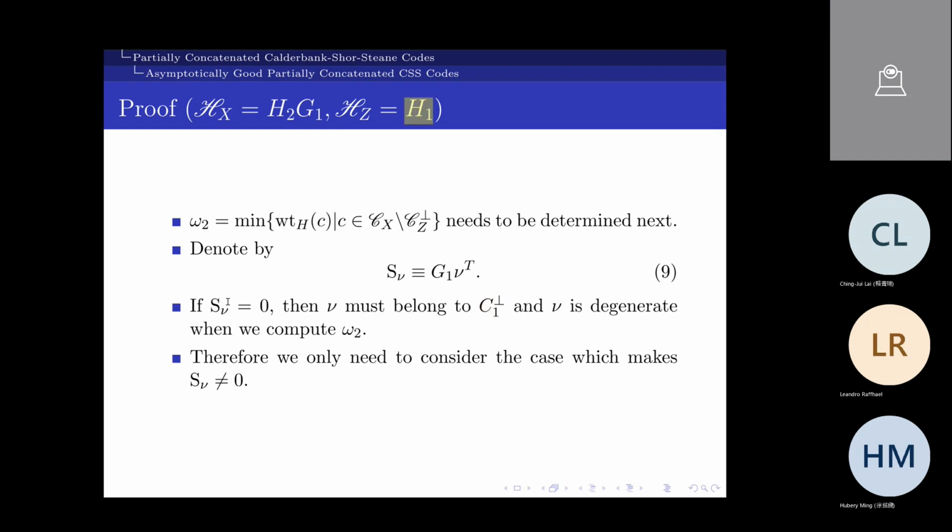So although if SV is equal to 0 some bad things may happen, it is degenerate, so it does not affect the computation of omega 2. Therefore, we only need to consider the case which makes SV not equal to 0.